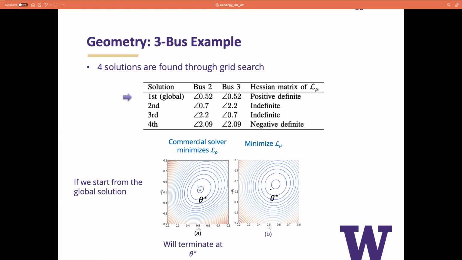For the proposed algorithm, we are using the minimizer of the partial Lagrangian as an initial point. In this example, this minimizer is the right triangle point. It's actually within the attraction region of the global solution. So if we start the solver from this right triangle point, the solver will terminate at the global solution. In this case, both algorithms get to the global solution.